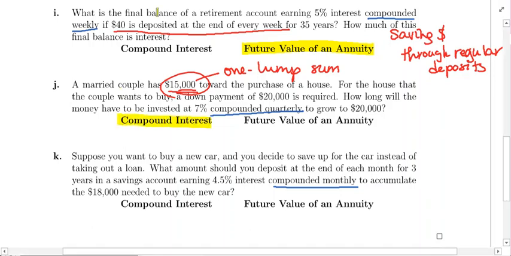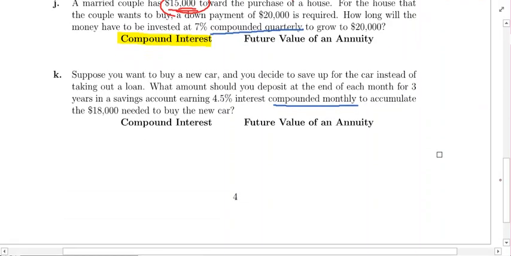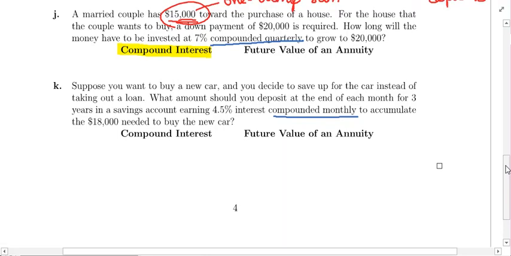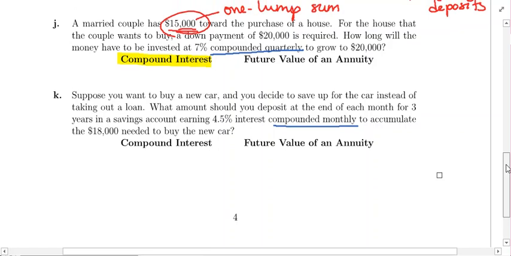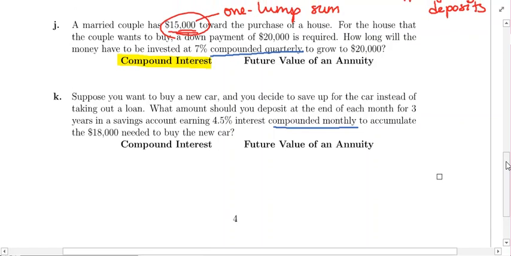Last one, example K. It says, suppose you want to buy a new car and you decide to save up for the car instead of taking out a loan. What amount should you deposit at the end of each month for 3 years in a savings account earning 4.5% interest compounded monthly to accumulate the $18,000 needed to buy the new car?